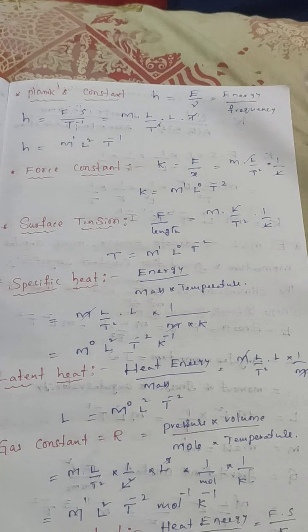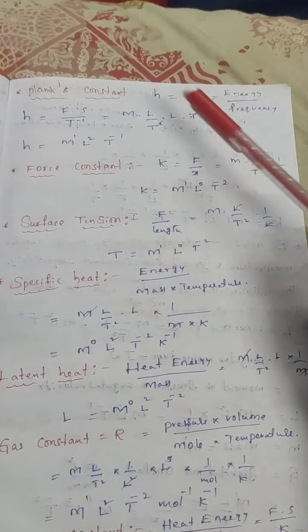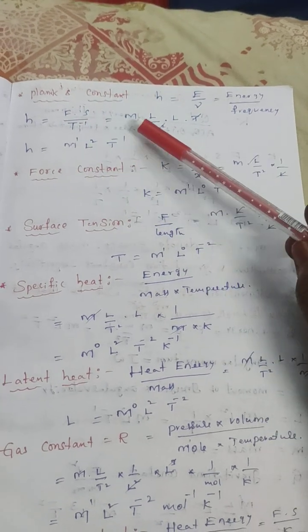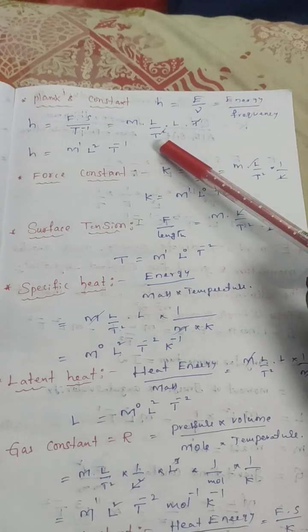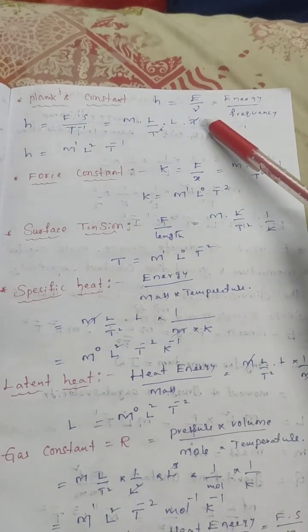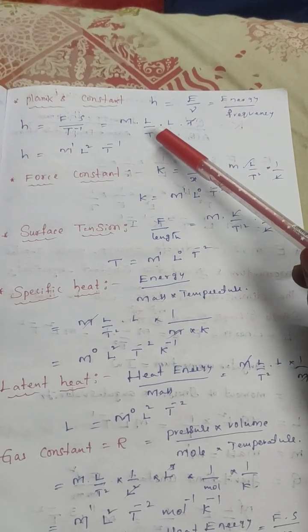Planck's constant h is equals to energy by frequency. Energy is F into displacement, frequency is t power minus 1. F is equals to m into a. A is L by t square, into L. Frequency value power 1. T gets cancelled.